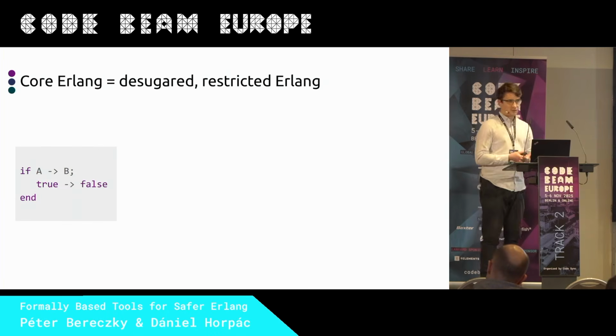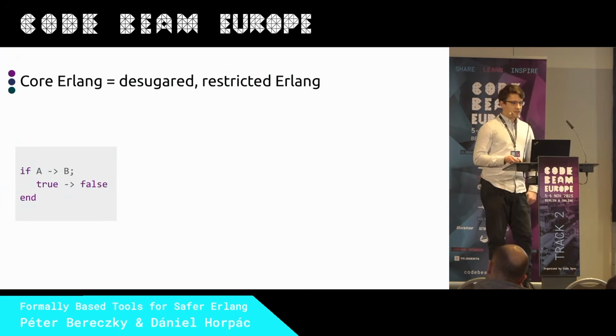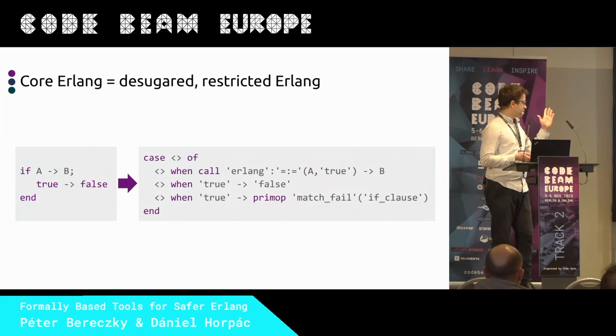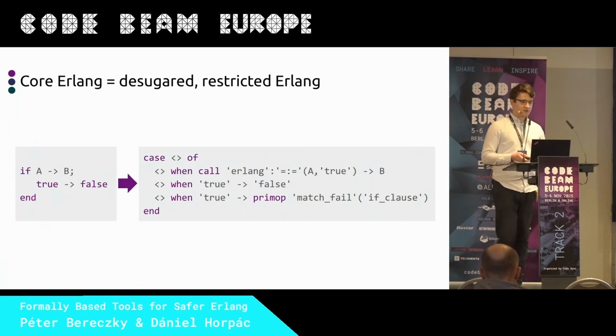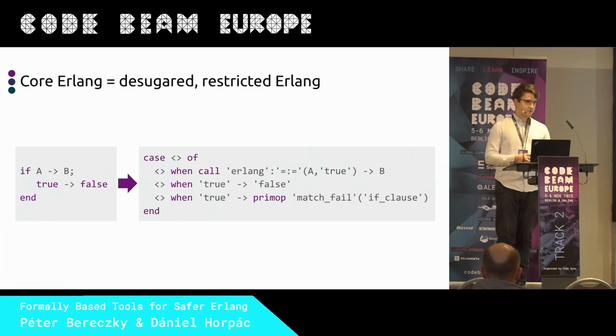What is Core Erlang? You can think of Core Erlang as essentially a desugared, restricted version of Erlang. For example, here was this small snippet shown to you by Danny, and this translates to Core Erlang to this case expression without any optimizations. And as you can see, the variable a explicitly became a guard from the if.